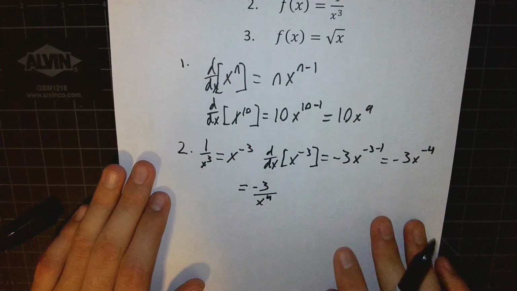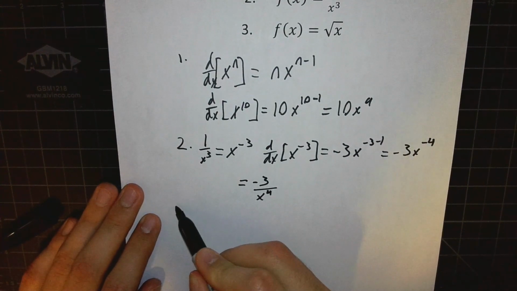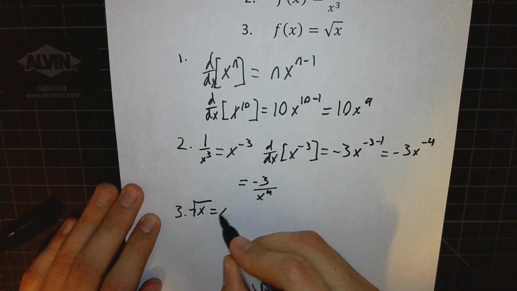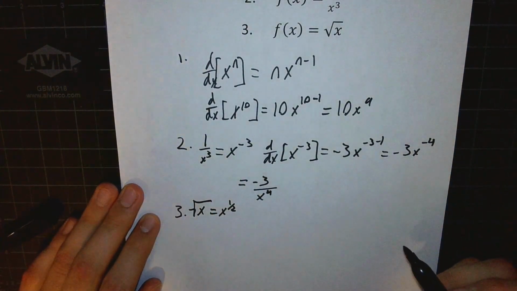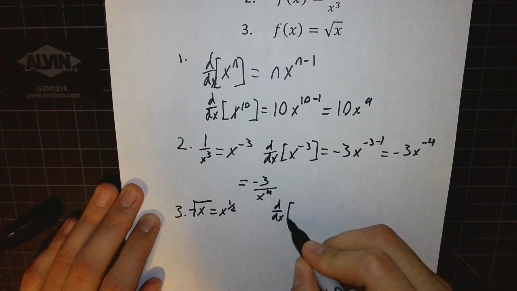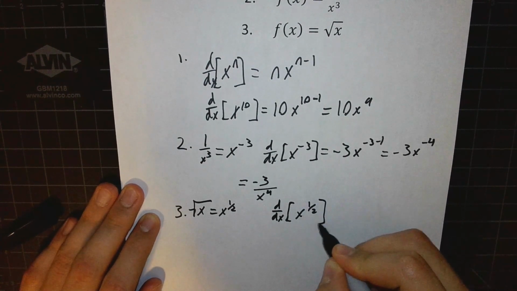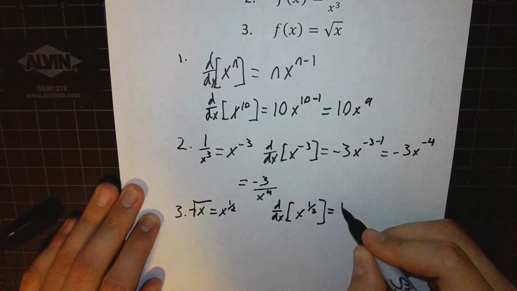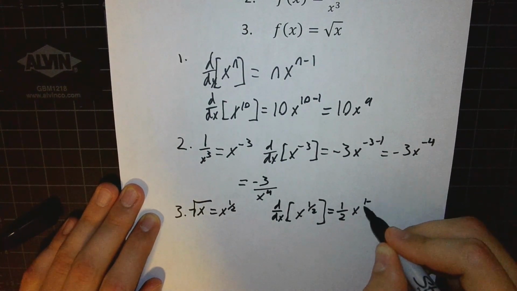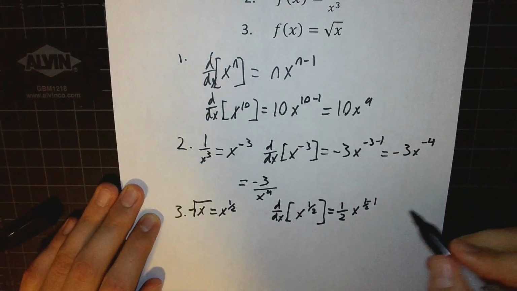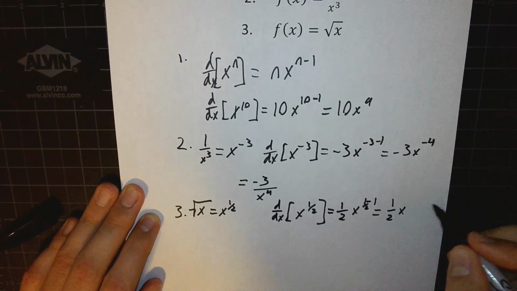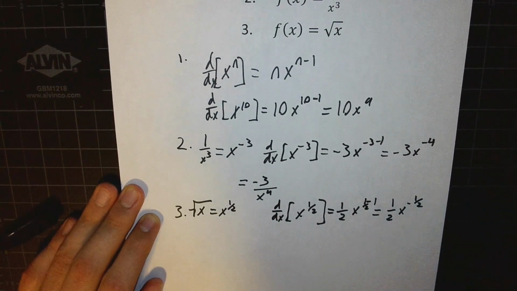And then our last one, again, a little tricky, a little shell game. We know that the square root of x is also x to the 1/2 power. So what we'll do when we take the derivative, this is going to be equal to 1/2 x to the 1/2 minus 1, which is 1/2 x to the negative 1/2, right?